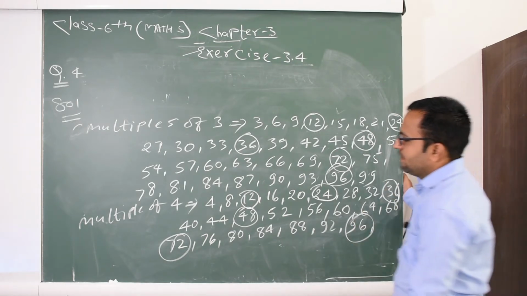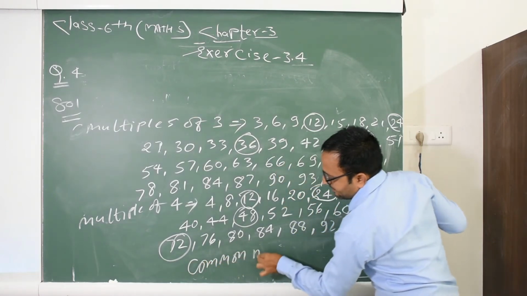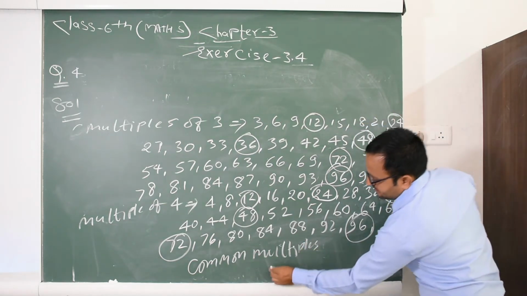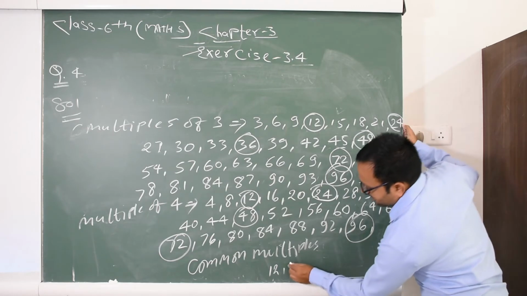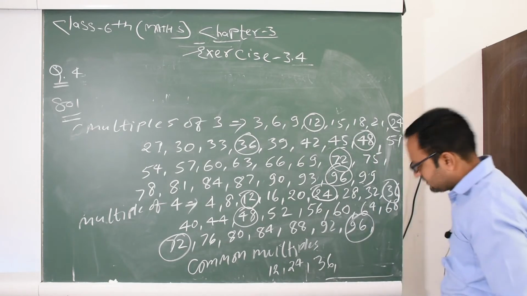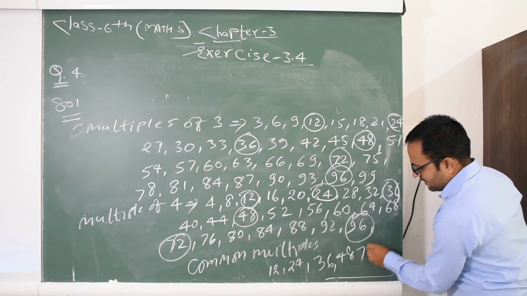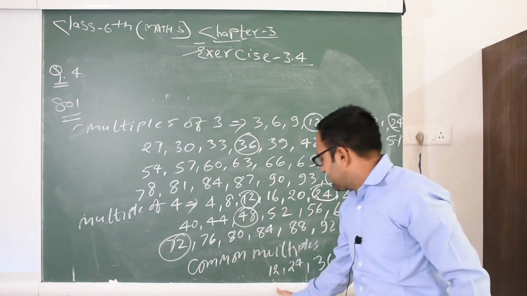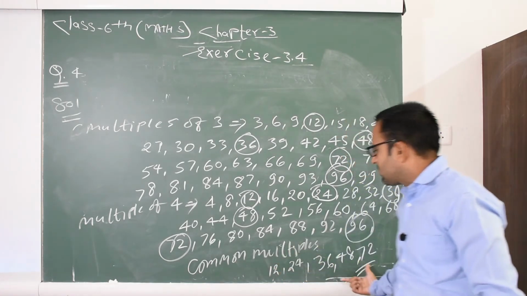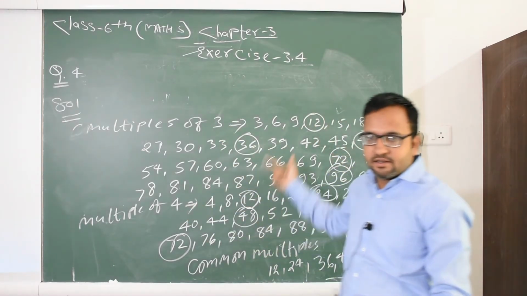Okay, so the common multiples are 12, 24, 36, 48, 72 and 96. This is your answer. These are the common multiples of 3 and 4 less than 100.